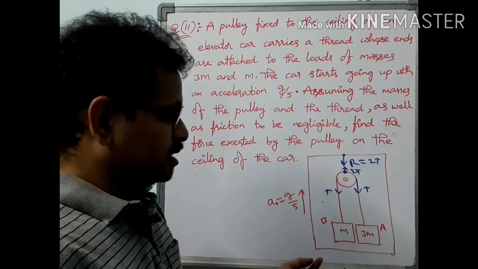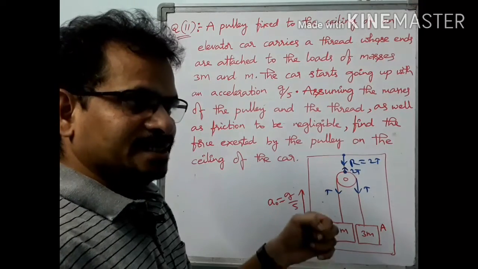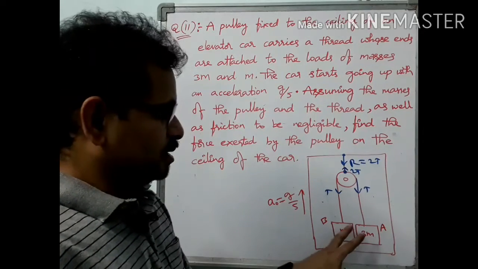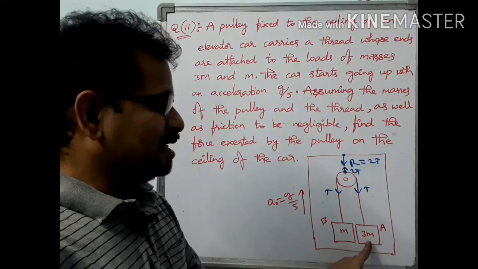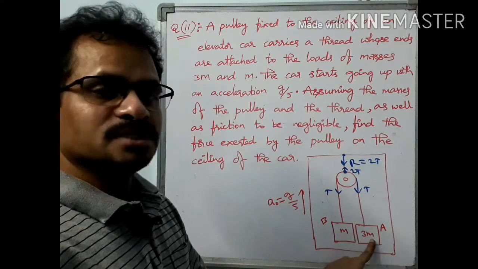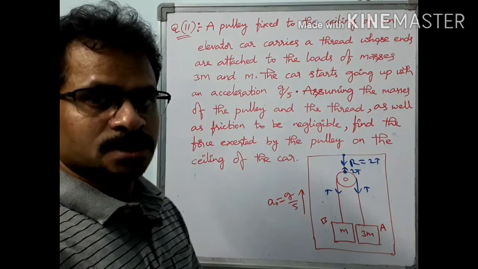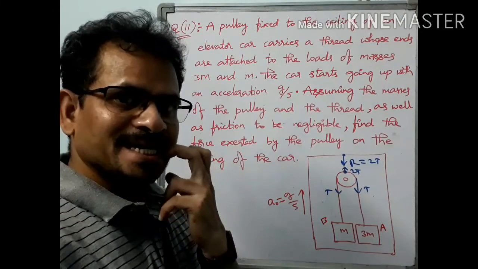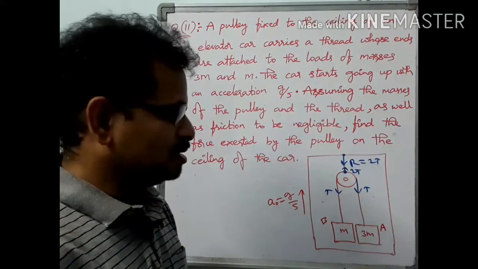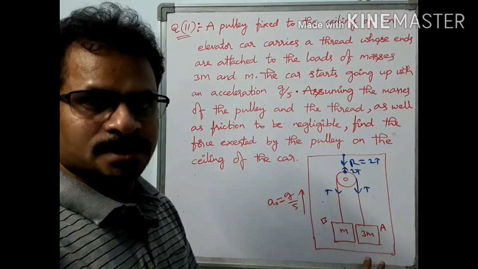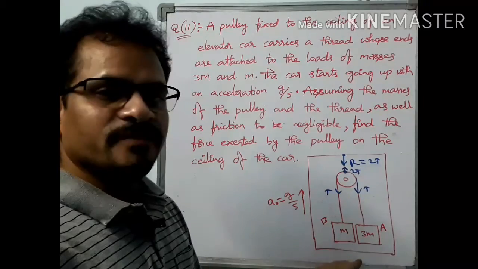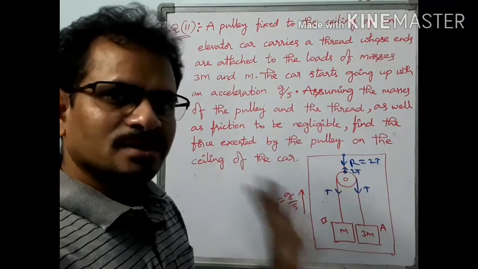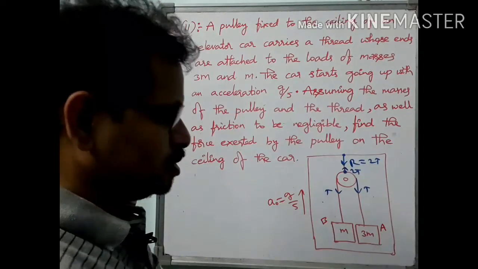If we consider inertial frame of reference, we have to consider the relative motion of these blocks with respect to ground. So those who are weak in relative motion, don't go for this one. Okay, I will tell you a simple method. The simple method is going into the elevator and considering non-inertial frame of reference. Let us do that one.